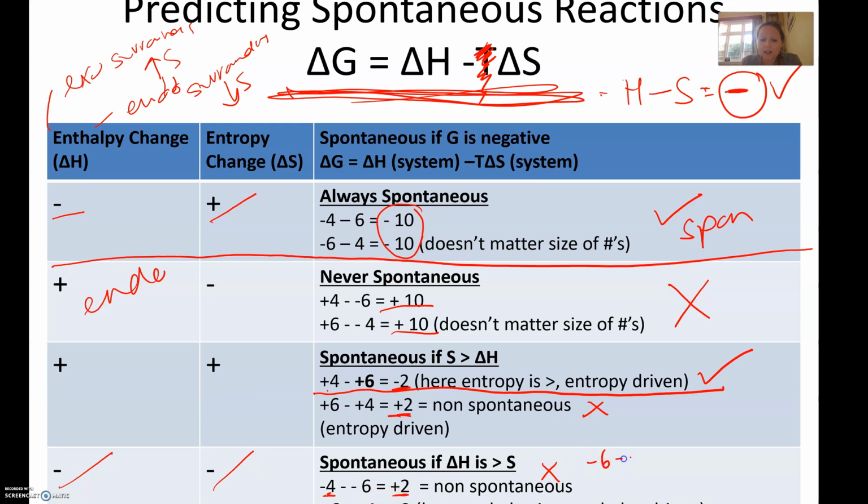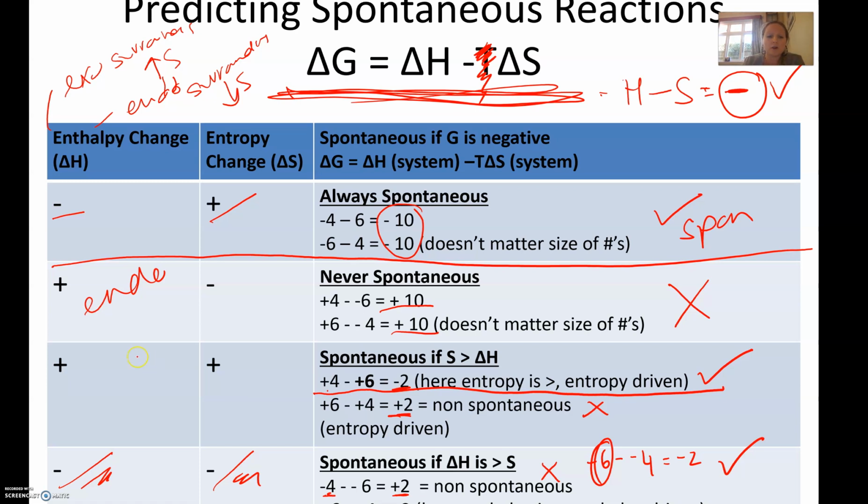So -6 minus -4, well, you end up with a -2, which is spontaneous. So this time the H had to be bigger, and so we say that this is enthalpy driven. So it is possible for one situation, if both enthalpy is negative and entropy is negative, to have a spontaneous reaction, and that's if enthalpy is bigger or having a greater effect.